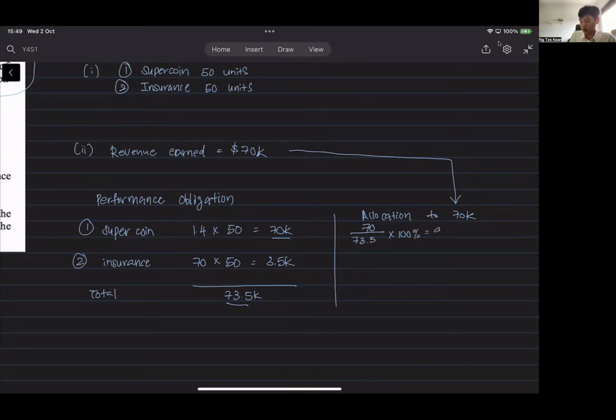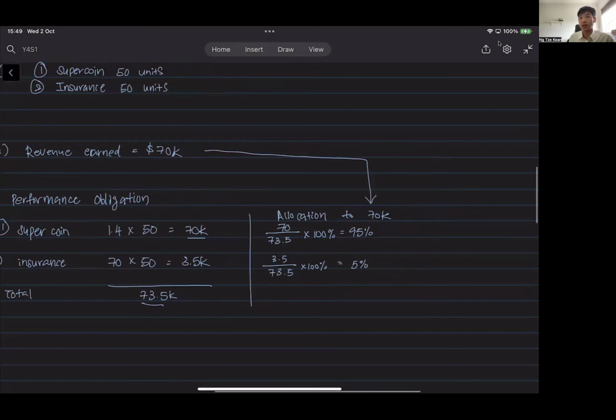And that would give us 95%. And similarly, we can do this for the insurance, over 73.5. And we get 5%, right? The remainder. So this is the allocation. And if we allocate it to the 70,000, we would get the value of 66,667.